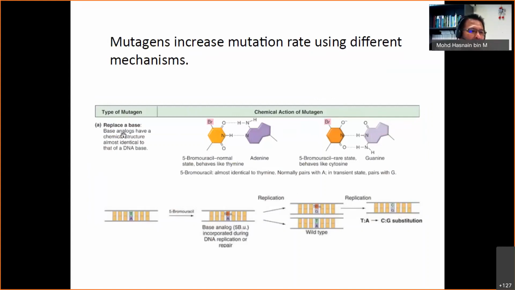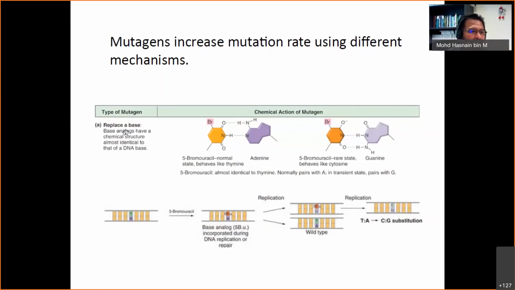A base analog is a chemical molecule that behaves like a nitrogenous base. That is why it's called analog. It's not like an analog clock, okay? But analog means that they have similar properties, but they are different molecules.